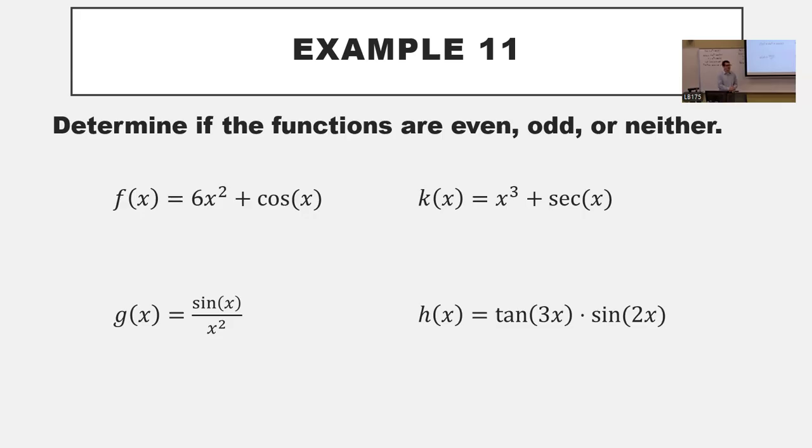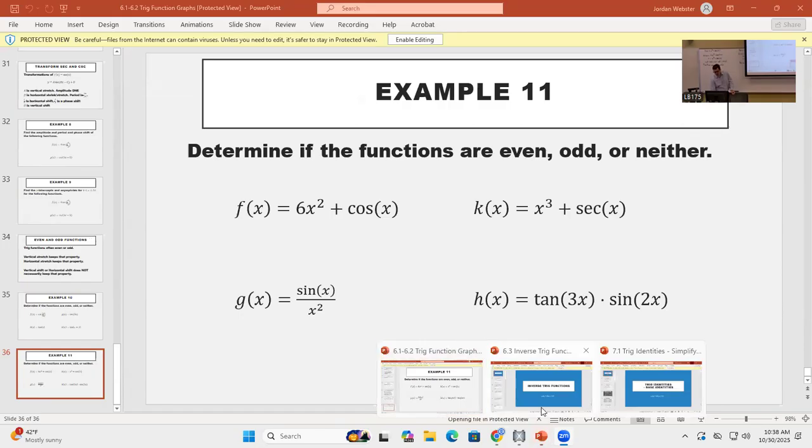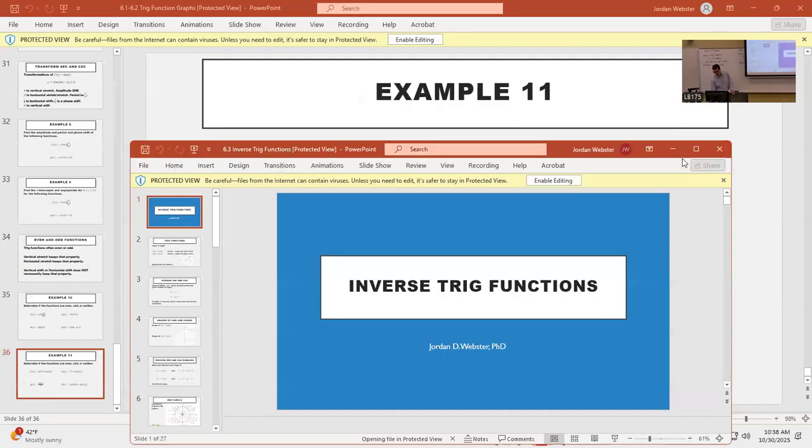And if you get neither the exact function value nor the opposite of the function value, then we're in the neither case. So that's the end of sections 6.1 and 6.2.